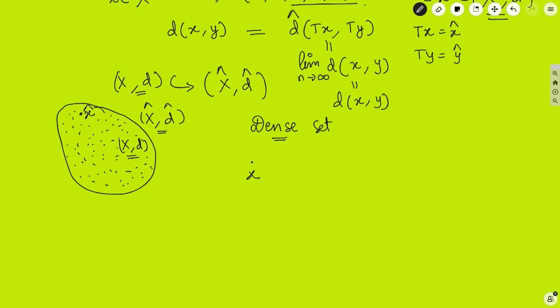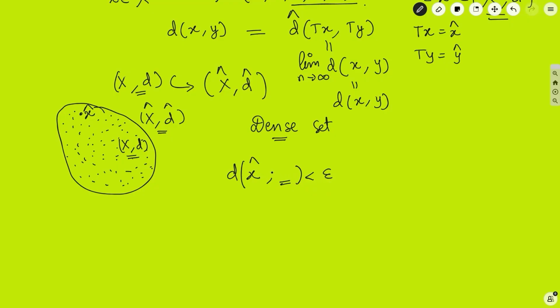So the question is, if I pick a point in this space, let's say x hat, which is an equivalence class of Cauchy sequences, is it possible to have another point here which is extremely close? Let me write epsilon. That epsilon is extremely small.